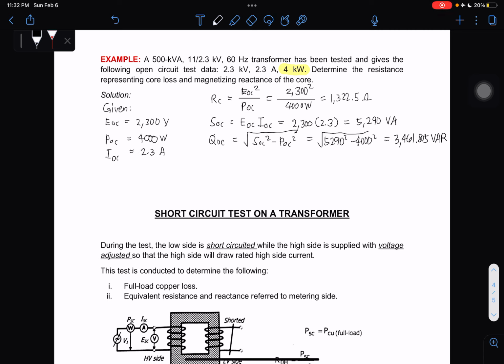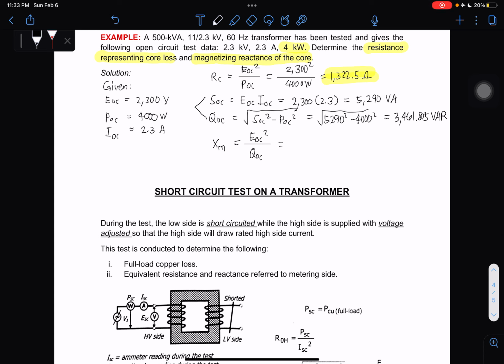So ang unknown sa problem is the resistance representing the core loss and magnetizing reactance. So nakuha na nato ang resistance. So next we have the magnetizing reactance of the core. So magnetizing is XM. So we have EOC squared, formula gihapon nasa taas, divided by QOC. So di man ta makasolve sa atong magnetizing if di nato ni solve ning duha.